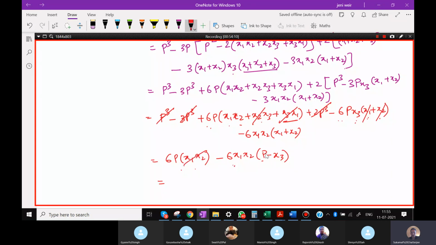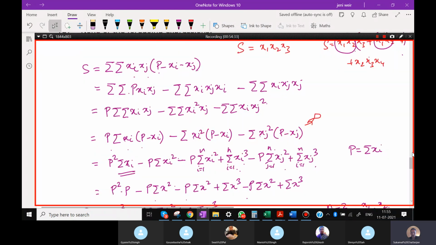So these two will cancel out, and I'll be left with 6x1 x2 x3. So which means if n is even, then the value is 0, and if n is odd, then the value would be this one. So now if I look at the options, none of the options are correct.